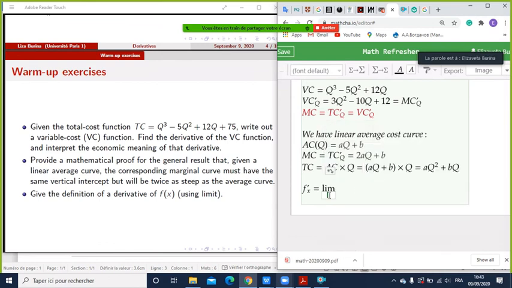Limit h tends to 0, fraction of f of x plus h minus f of x over h.